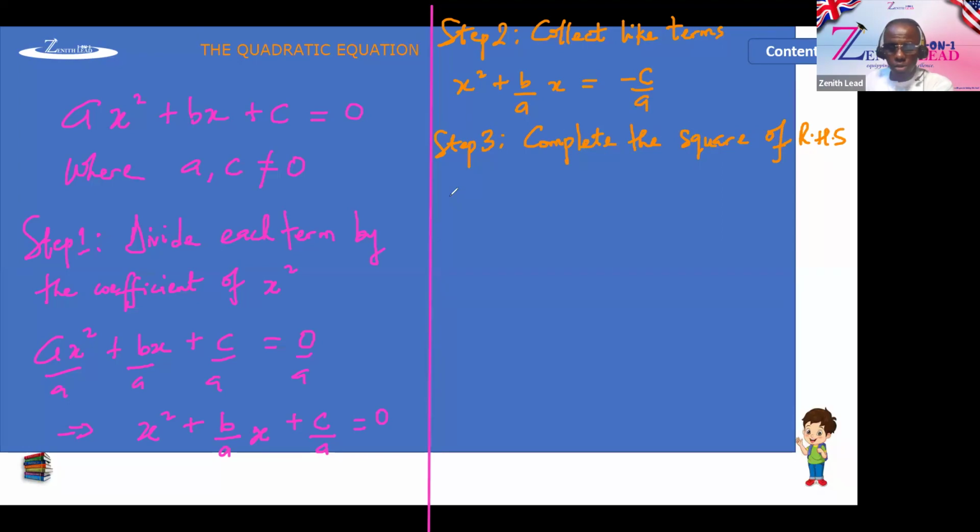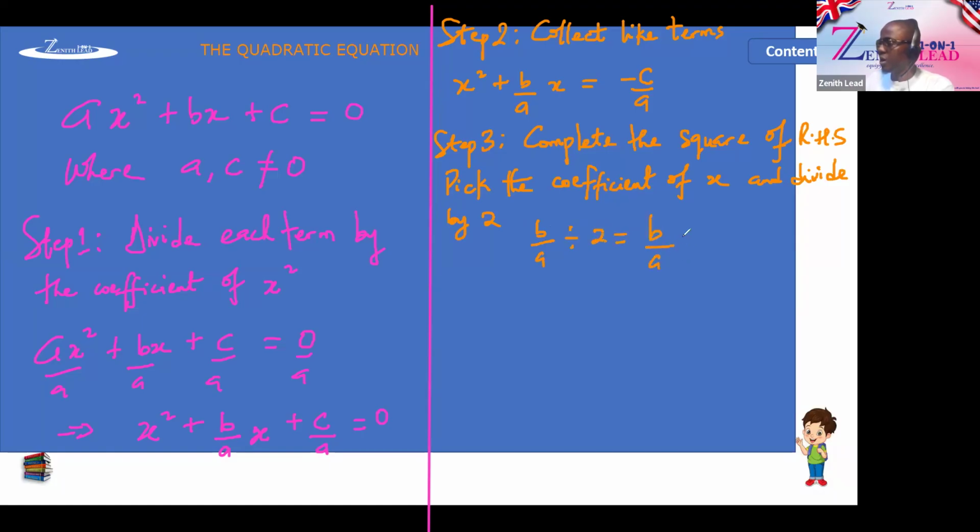What we do is to pick the coefficient of x and divide it by 2. So that is b over a divided by 2.